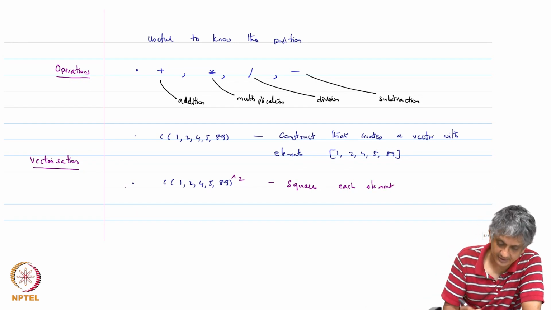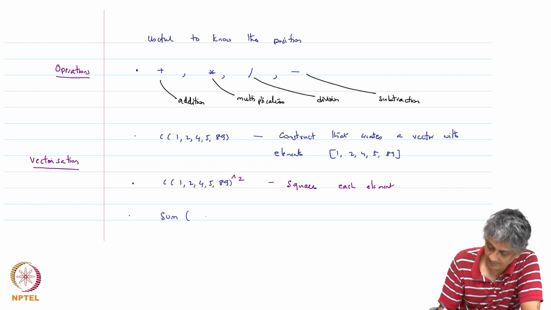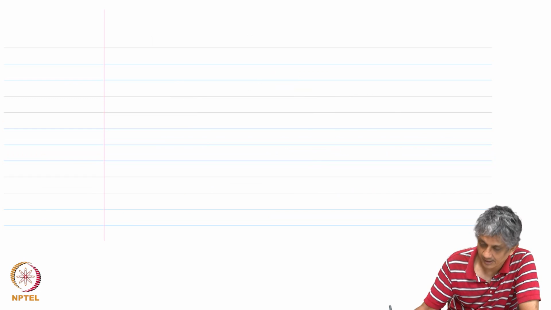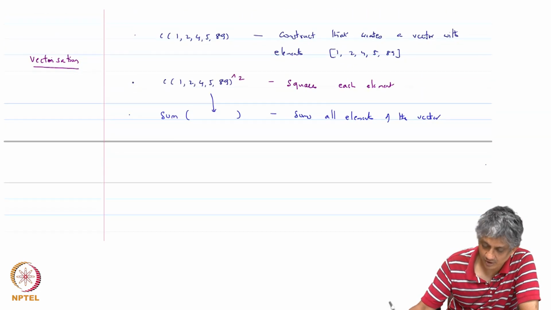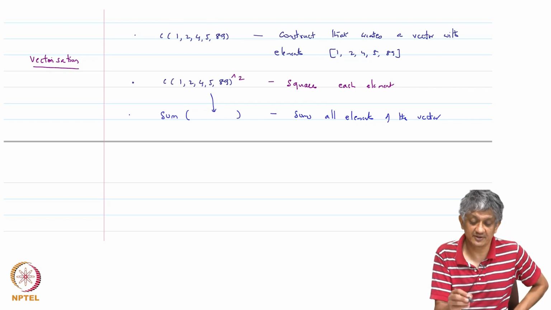And then we also did the sum. It's this tool called sum of the above, and it just sums up all the elements. Very good. The other thing we also saw was that if you want to create a vector, you can use the c command like this, but then you have to specify every element.